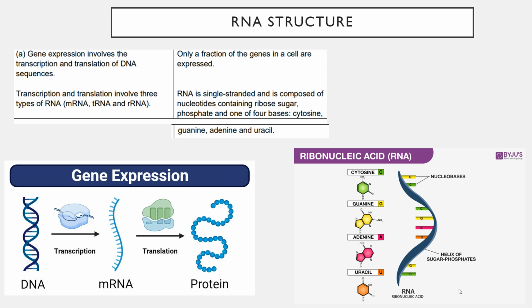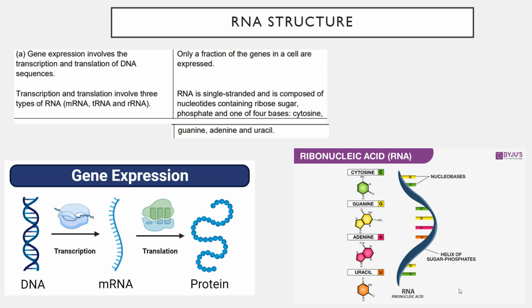Remember, each cell has the entire DNA molecule within its nucleus, but it's actually going to express or build a fraction of those proteins. Our specialised or differentiated cells are only going to build the proteins that are relevant to their function, so only a small number of genes will actually be expressed.